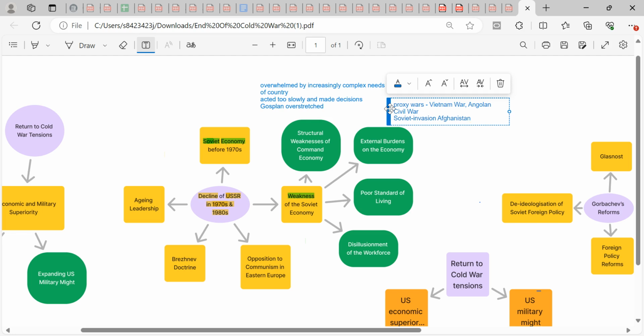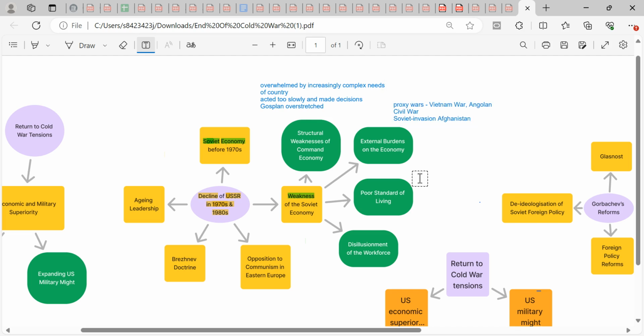So really, it was something that they could not cope with. Of course, they were making these decisions because of the Cold War. Nonetheless, they don't have the finances for it. Okay, so that's external burdens of the economy.